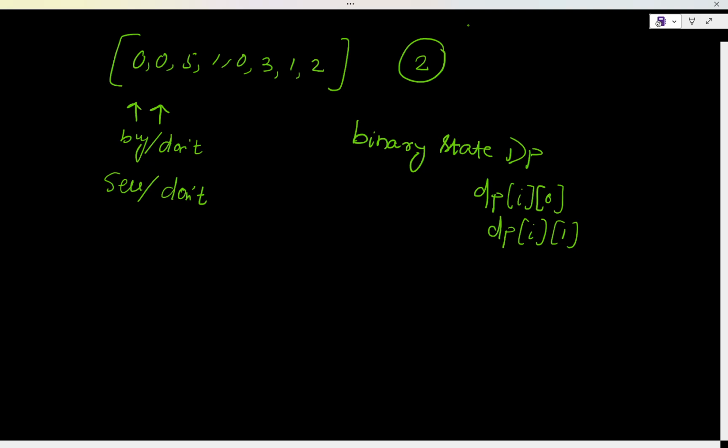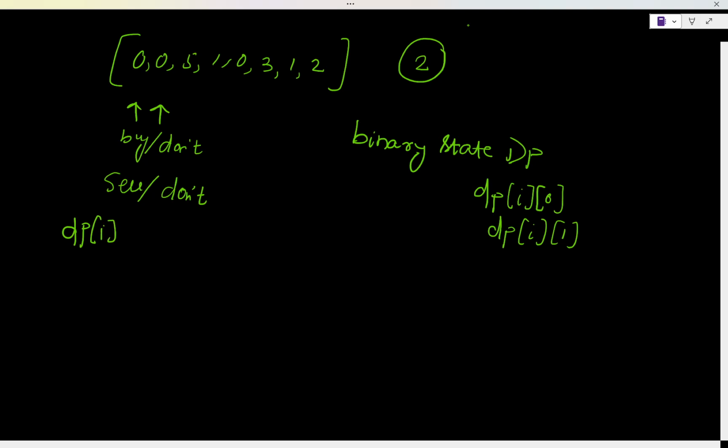Now, as is the case with all DP problems, the most important part is defining the state of the DP array, how a particular state will look. For this particular problem, I am going to keep it extremely simple. So I'll define DP of i, j and k.